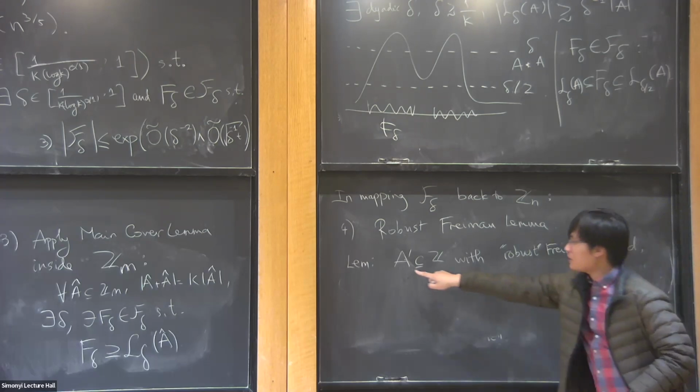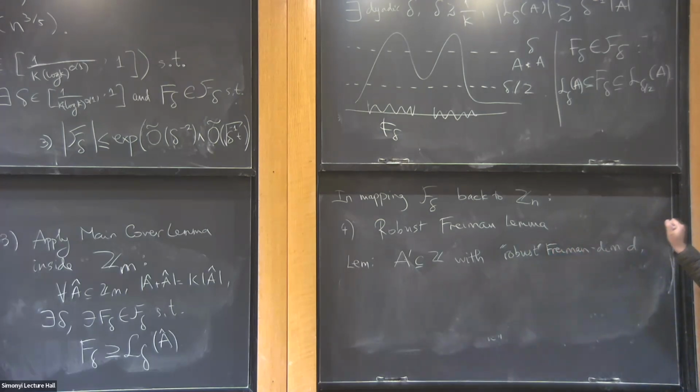We'll say that a set A prime has Freiman dimension d if there exists a subset A double prime.